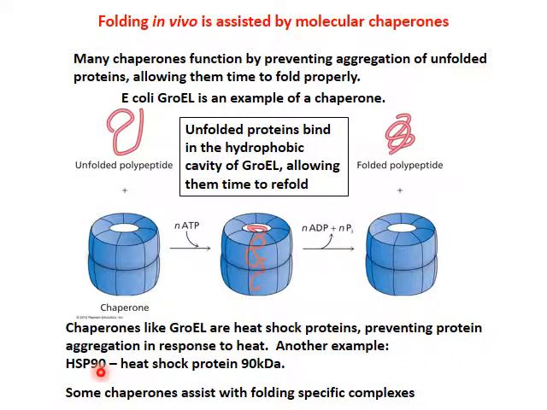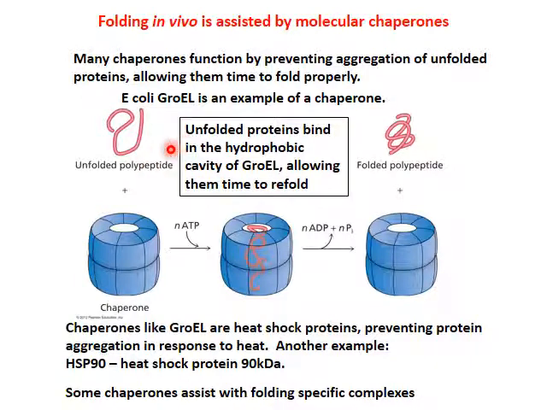And when people studied this protein, they found that it actually binds to hydrophobic regions of proteins. And there's a hydrophobic cavity that allows that protein to refold. So this is an example of a chaperone. There's different types of chaperones, and this is the one from bacteria. We have chaperones as well.